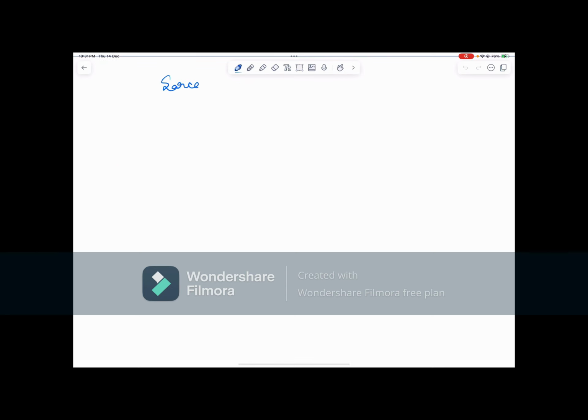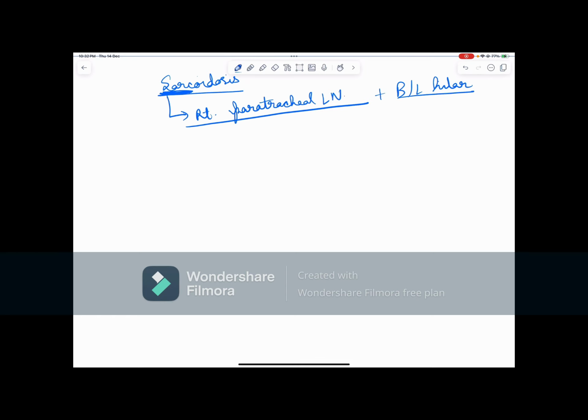Now let us start with sarcoidosis. First remember that in sarcoidosis it would be the right paratracheal lymph node that is getting enlarged, along with bilateral hilar lymph nodes showing the garland sign. Since it is sarcoidosis, we will take the ARC here. In the face there is ARC, and in between there is the nose.